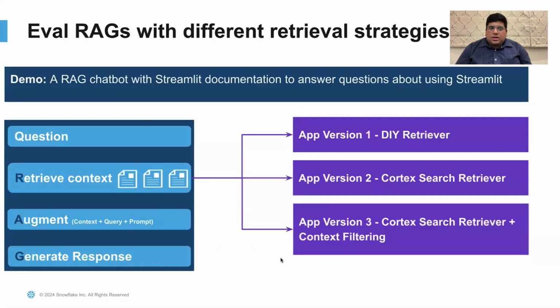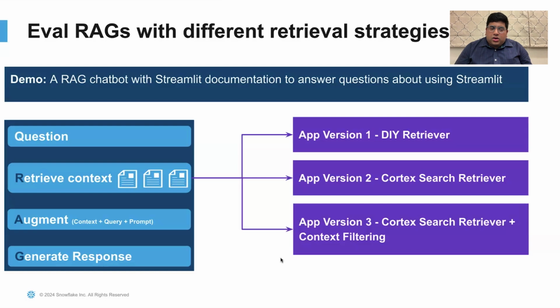For this demo, I'll be creating a chatbot that responds to user queries regarding Streamlit. For this, I have created a RAG application that indexes and retrieves context from Streamlit's open source documentation to answer questions about how to use Streamlit.